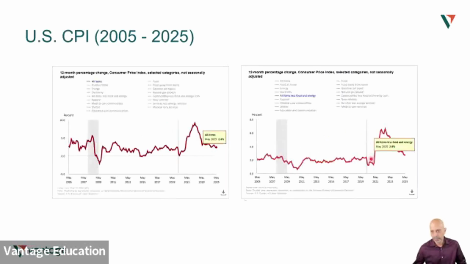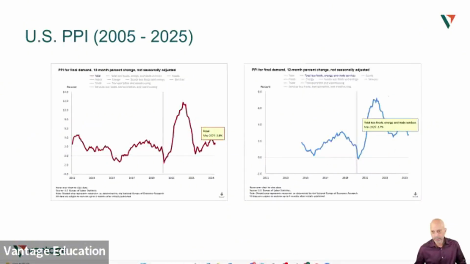So you can see how rising headline CPI and persistent core CPI, combined with rising headline PPI and core PPI, put the Fed in a wait and see stance as they wanted to see how inflation would evolve. And especially after April 2nd, which was Liberation Day.